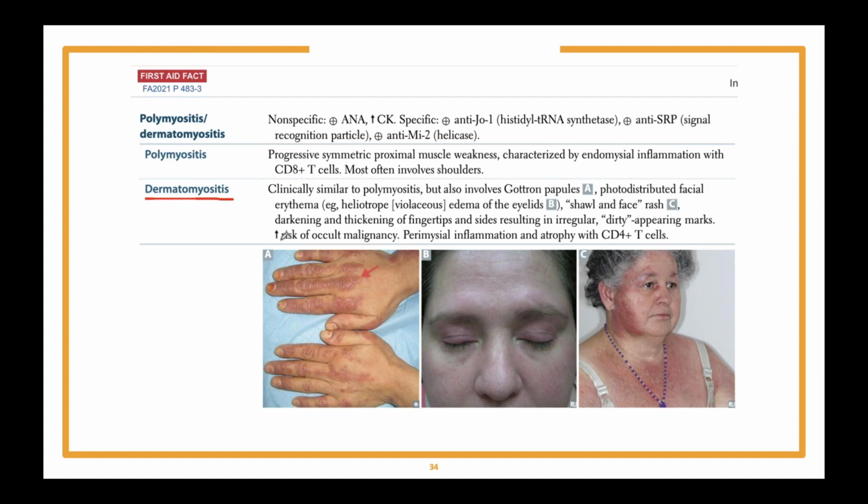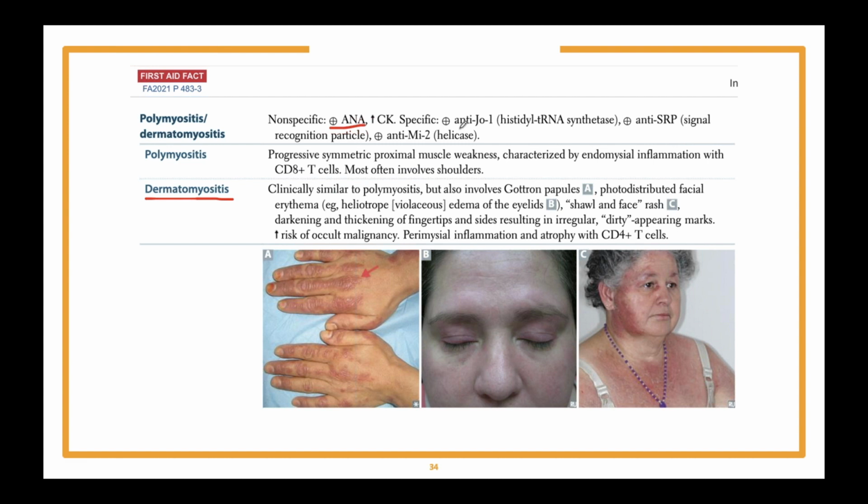If you look at the very top, it tells you some of the antibodies and serum studies that you can find, and a positive ANA, or anti-nuclear antibody, can be seen. There are some more specific autoantibodies as well, but they didn't give those to us as an answer choice. It's important to know those, but the best answer choice in this question would be ANA.